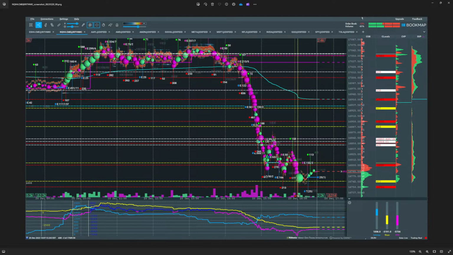So a lot of call walls in play yesterday, acting as resistance and also acting as an early warning signal that price definitely was not going to move higher. Resistance at all those call walls.